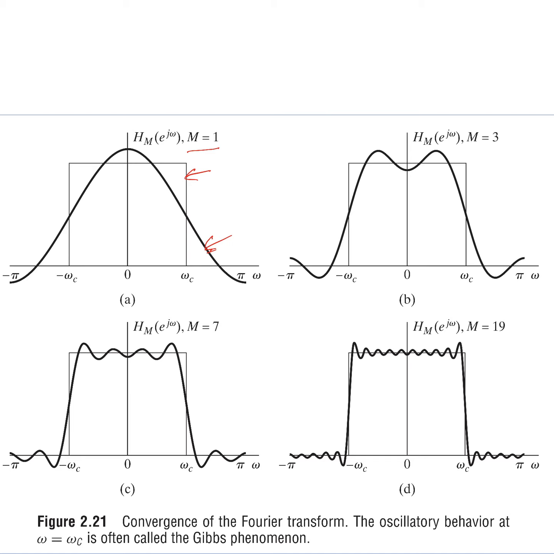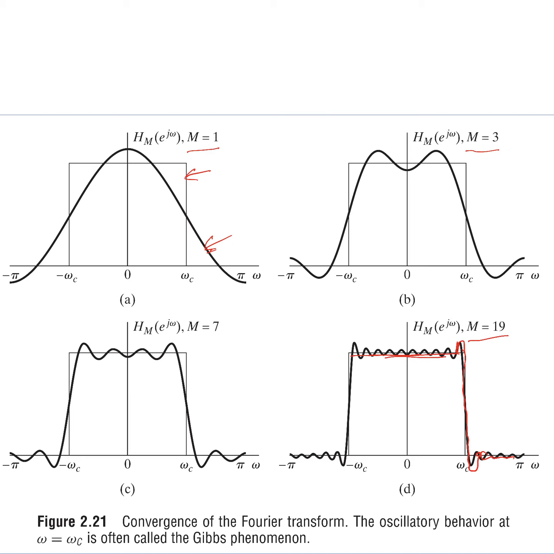Now if I keep increasing the value of m, you see that the continuous curve starts converging to the discontinuous curve. And for m equal to 19, you see some oscillations only at the point of discontinuity. Otherwise, it captures the actual behavior quite well. If you increase to higher values of m, this part will become smooth, while here you will have some oscillation for higher values of m.